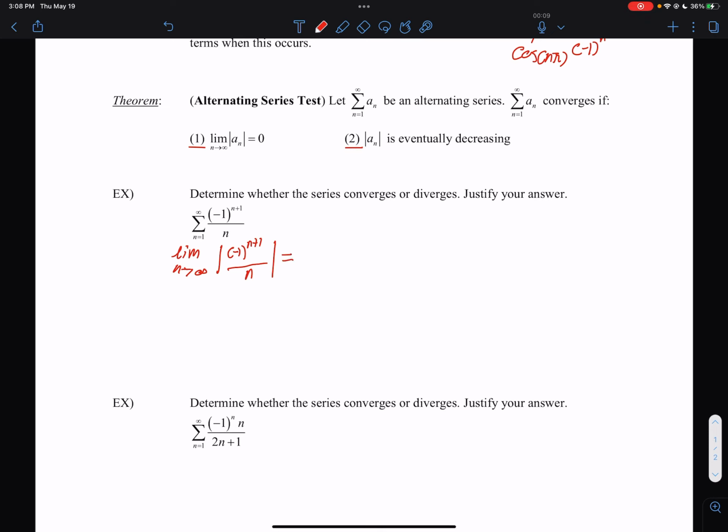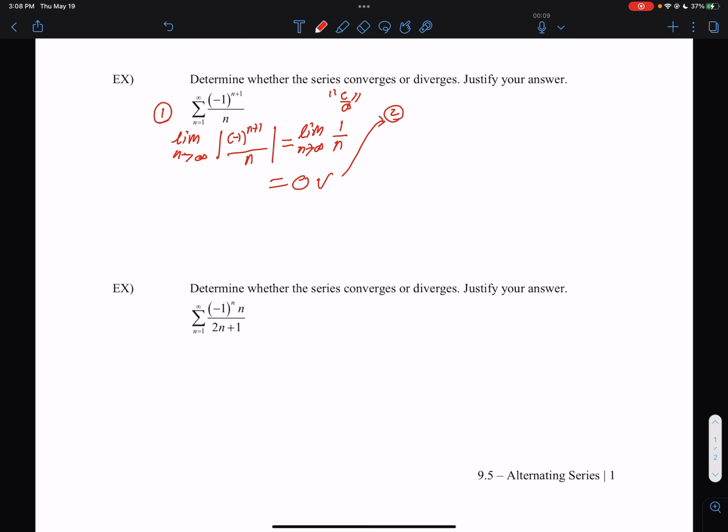Due to the absolute value, the negative 1 factor will be eliminated, leaving the limit as n goes to infinity of 1 over n. This is constant over infinity, therefore it's going to equal 0, and the first condition is satisfied. Then we can jump into the second condition.